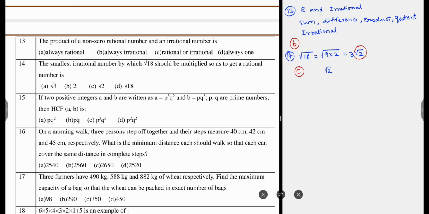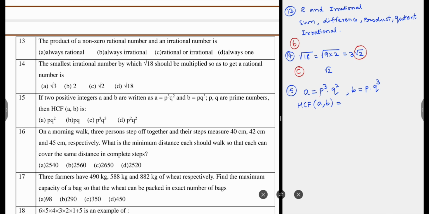Now question number 15. If two positive integers a and b are written as a is equal to p power 3 into q power 2 and b is equal to p into q power 3, where p, q are prime numbers, then we want HCF of a, b. HCF of a, b is again common factors.